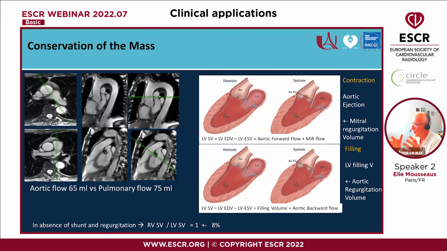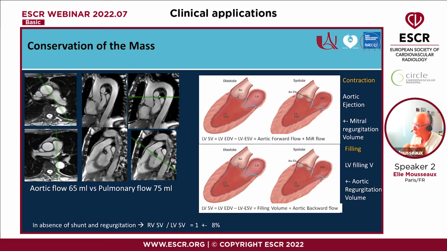The amount of flow arriving at the lung is the same as the flow within the ascending aorta if you don't have any shunt. So you can do the job by using the contraction and the difference in end-diastolic volume compared to the end-systolic volume for the RV and for the LV. And normally the stroke volume is exactly the same, okay?